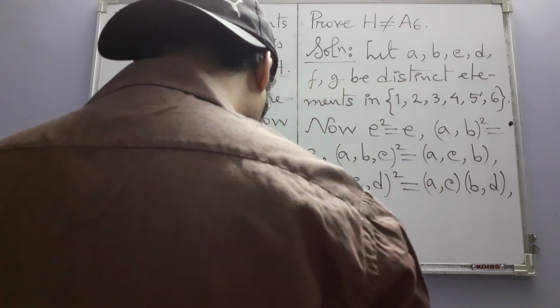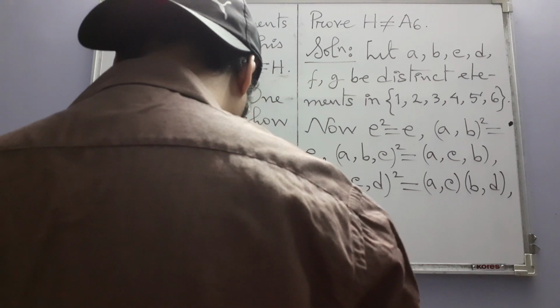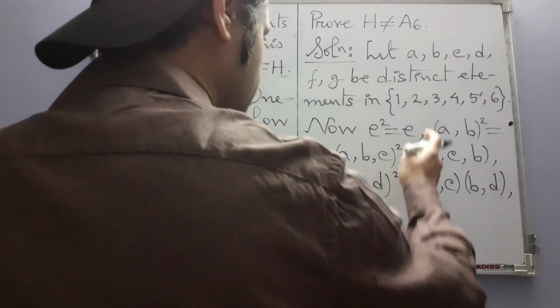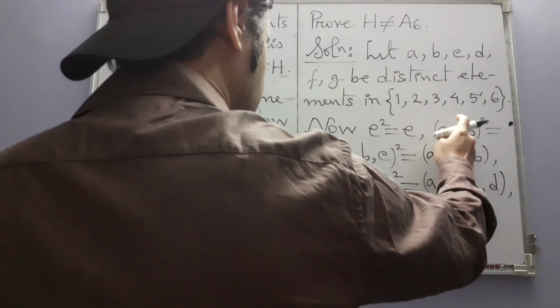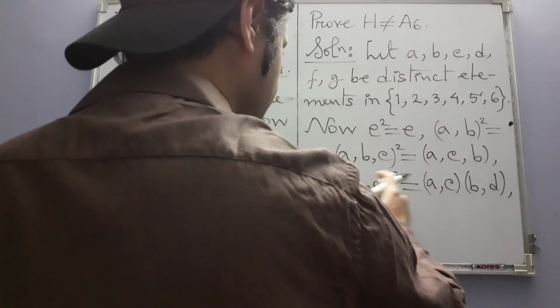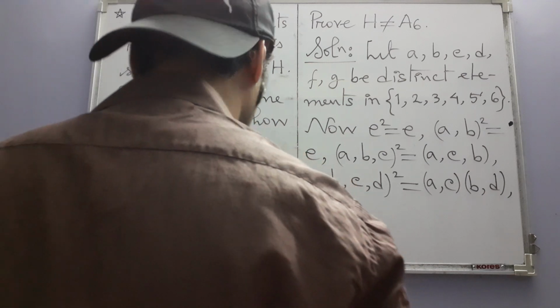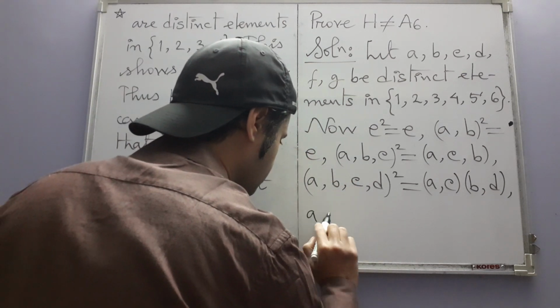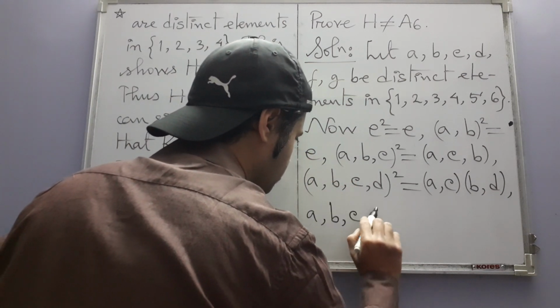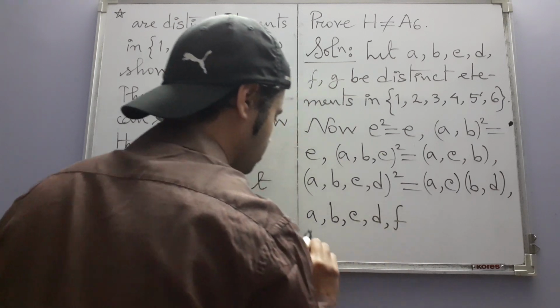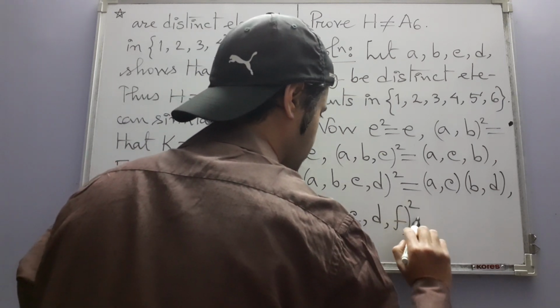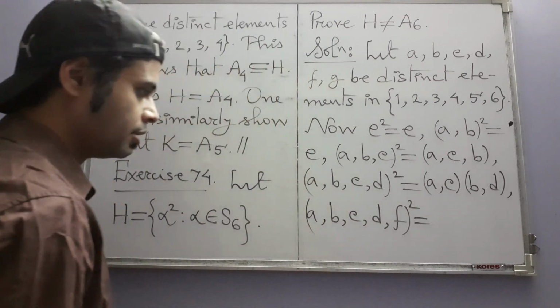And then there are other cycle structures. So 2 cycle, 3 cycle, 4 cycle, and let us now consider a 5 cycle. Now what happens to this?